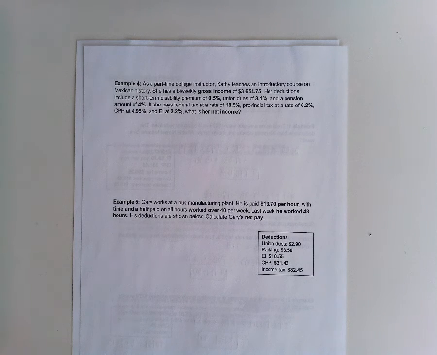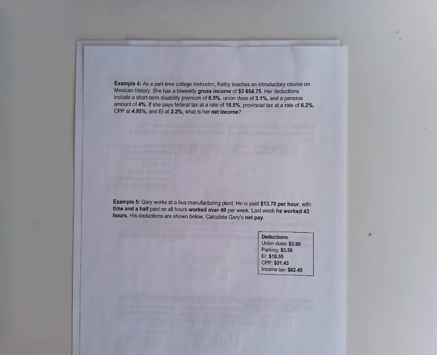Her deductions include short-term disability premium of 0.5%, union dues of 3.1%, and a pension of 4%. She pays a federal tax rate of 18.5%, provincial tax of 6.2%, CPP of 4.95%, and EI of 2.2%. What is her net income?